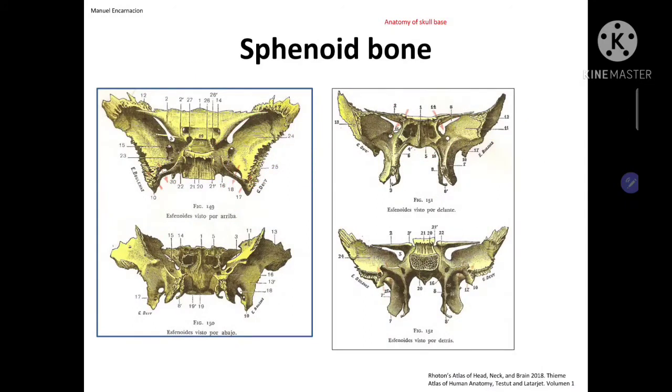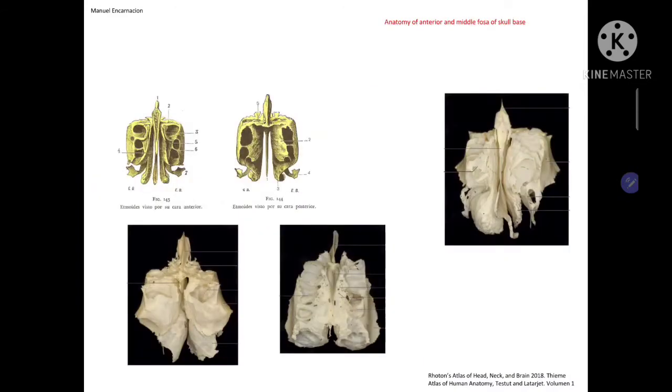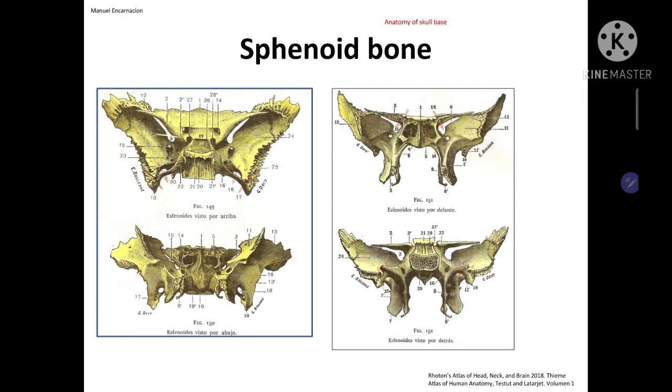In the body of the sphenoid, we want to distinguish six surfaces, okay? Superior, inferior, anterior, posterior, and two laterals. We're going to start with the superior surface. This superior surface is intracranial, and we're going to find it here, okay?